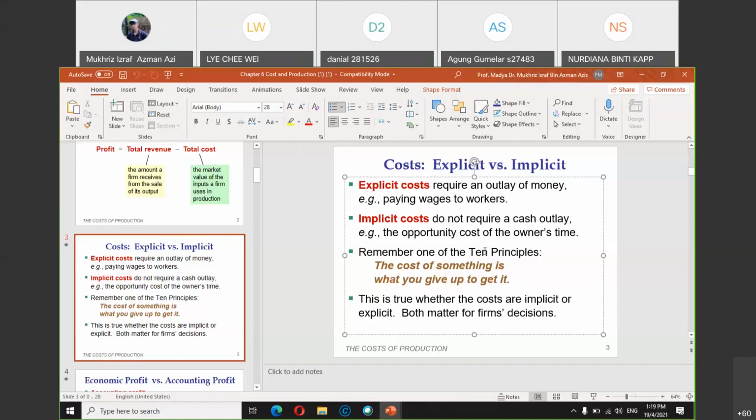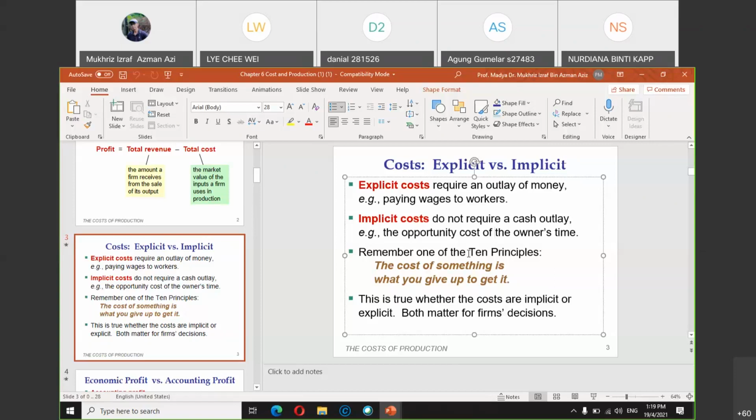So if you attend the class, let's say this semester or the next 3 years or so, you invest your time and your money to get the degree from UUM. Your opportunity cost could be the income that you could have earned if you don't do your degree now, but instead start working, part-time or full-time.